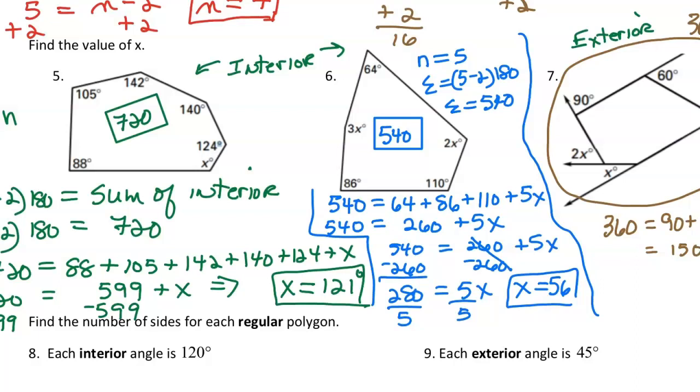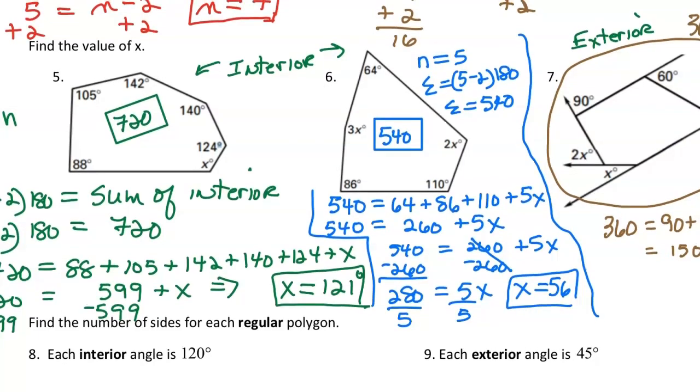Right, so 6 and 9 is 15, and then plus 7x, 360 is still here, minus 150, minus 150. 360 minus 150 is 210, that equals 7x, divide by 7, divide by 7, and I'm getting x equals 30.